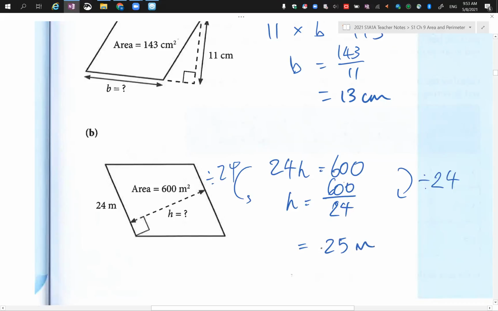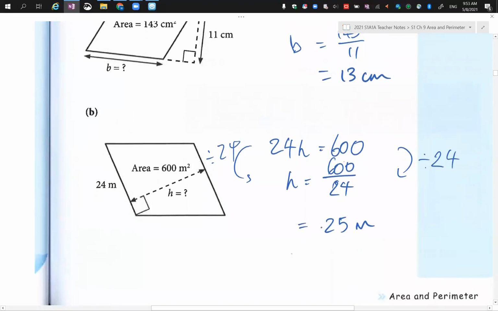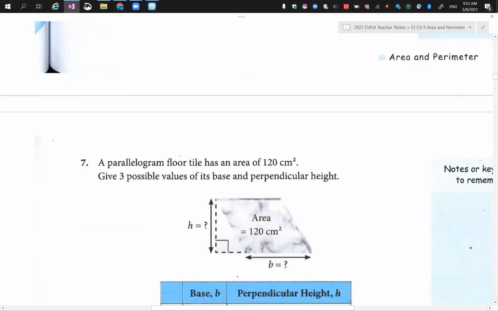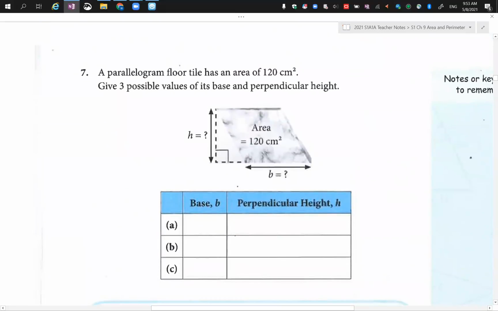The height is 25 meters, correct. Any questions so far? Is it like finding the area of a rectangle? It looks like it, isn't it? You find the base, but you multiply by the correct perpendicular height. Okay, so now let's try this.